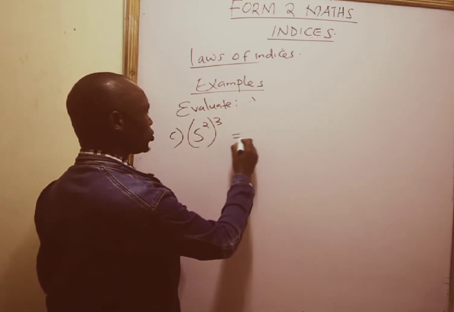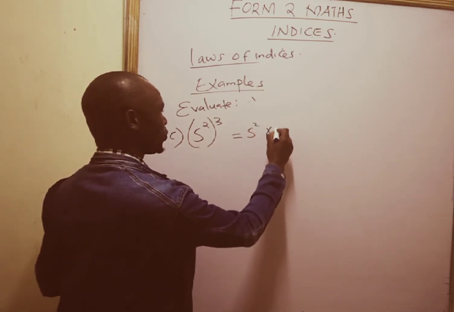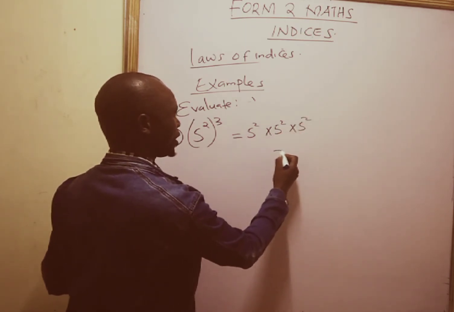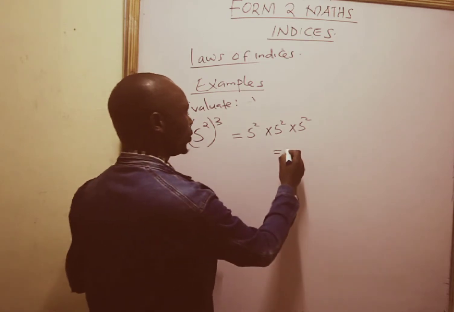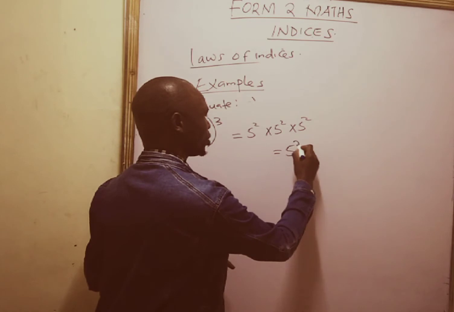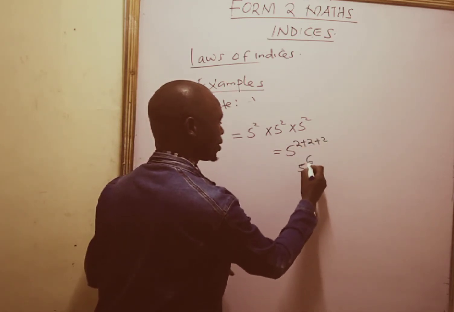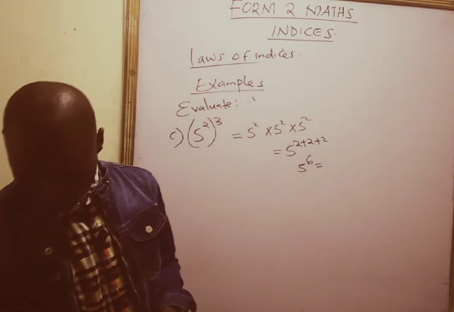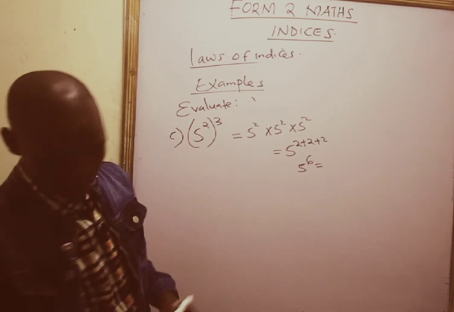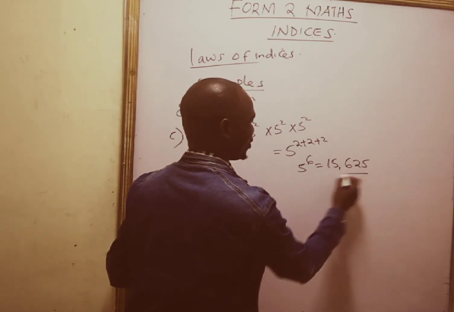And since the bases are the same, we take the common base, which is 5, then we add the powers. That is, we are going to have 2 plus 2 plus 2, giving us 5 raised to power 6. And 5 raised to power 6 will give us 15,625 as our final answer.